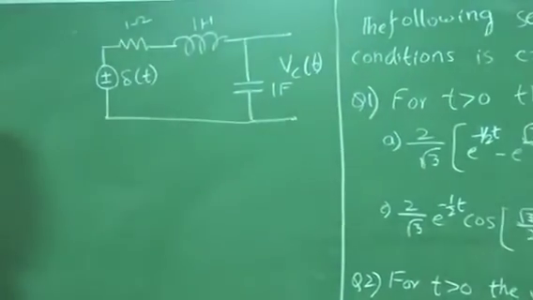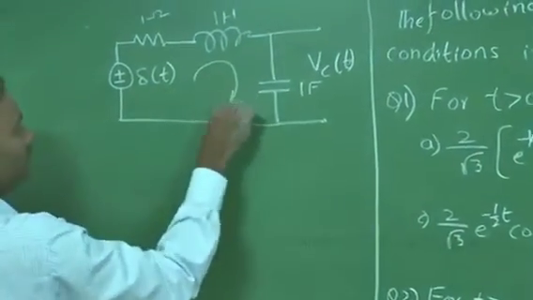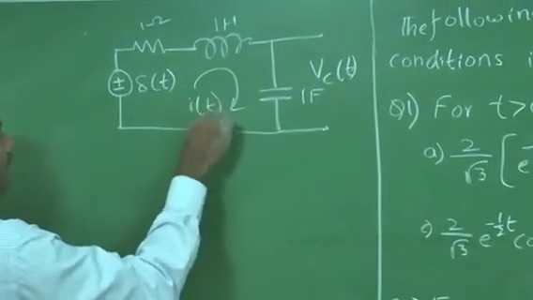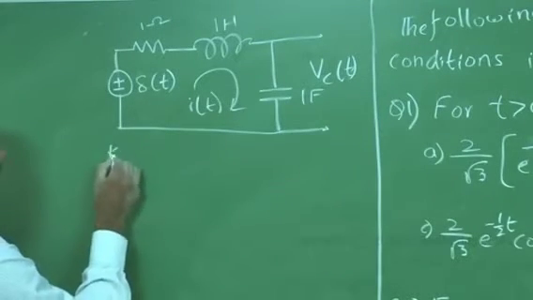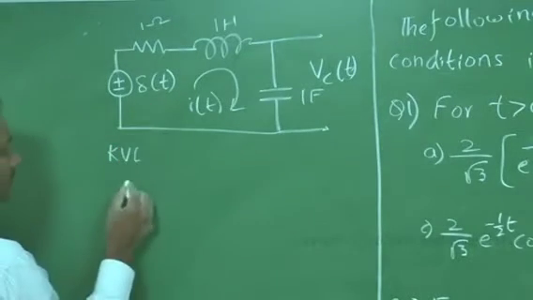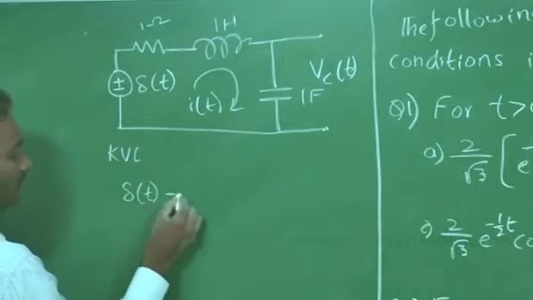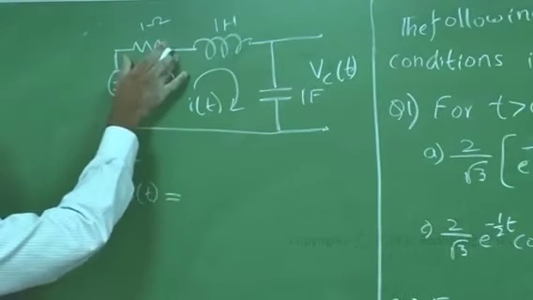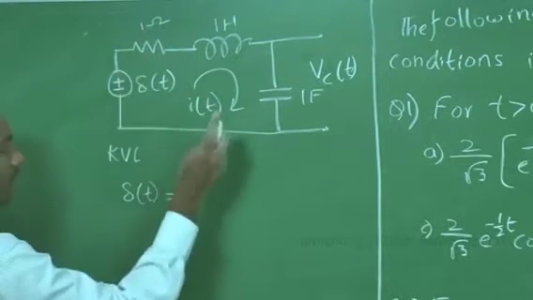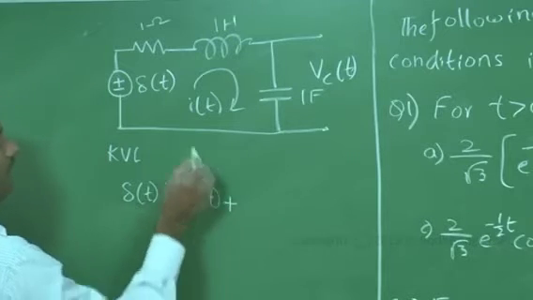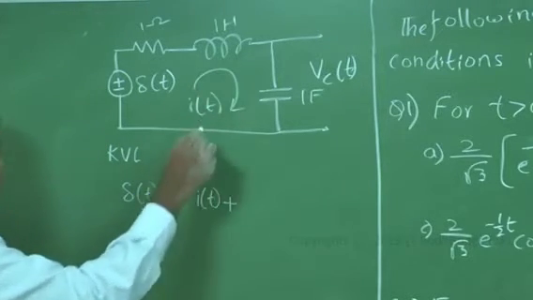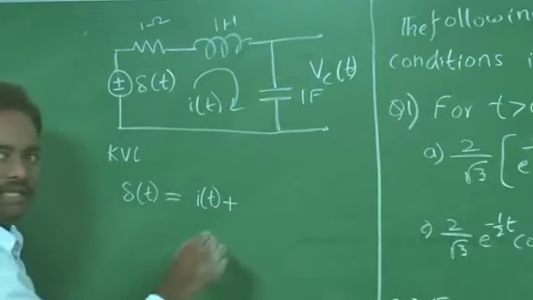This is the given circuit, and let us take the current direction in this way, and it is excited by an impulse input. Now let us write the KVL of this circuit. The impulse δ(t) will be equal to the voltage across the resistor, which is 1 ohm times i(t), plus the voltage across the inductor, L di/dt.